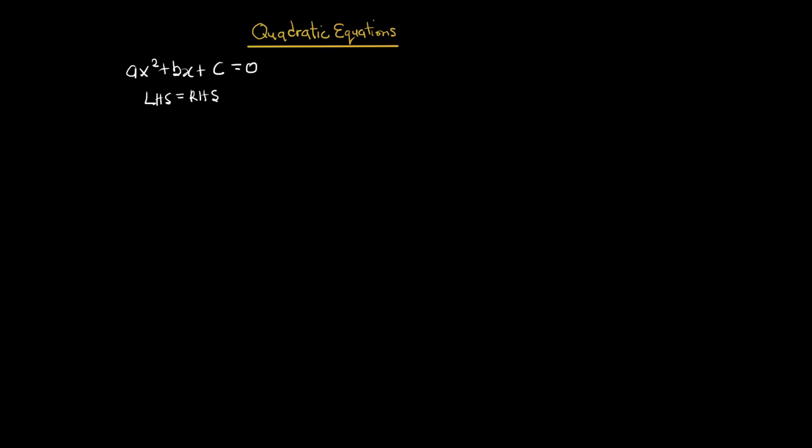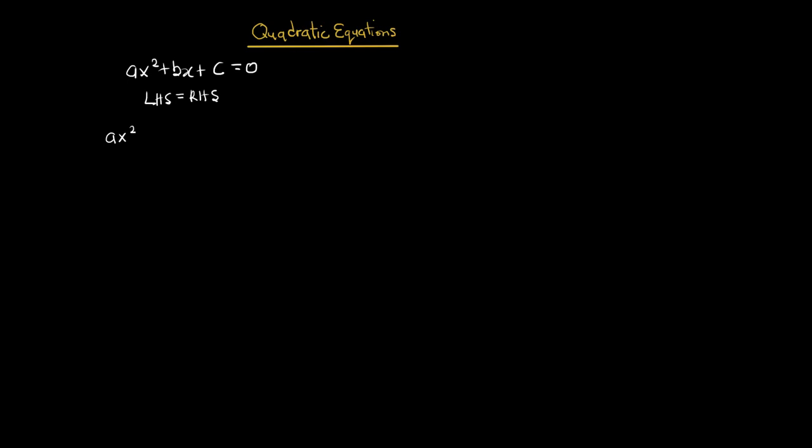So to solve this equation, we need to understand some terminologies. First, the equation is pretty much divided into three parts. The first part, which is the ax squared, is what we call the quadratic part.